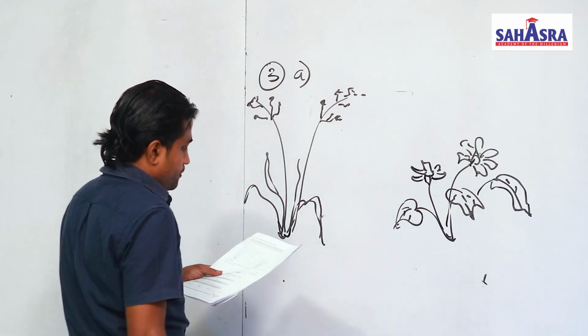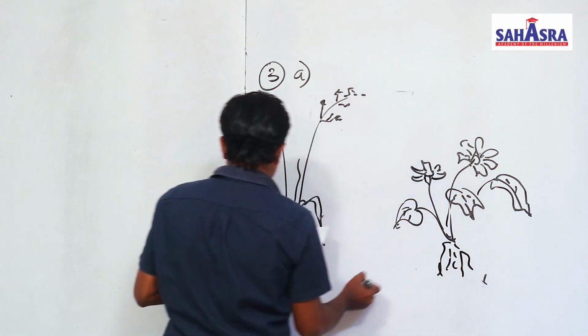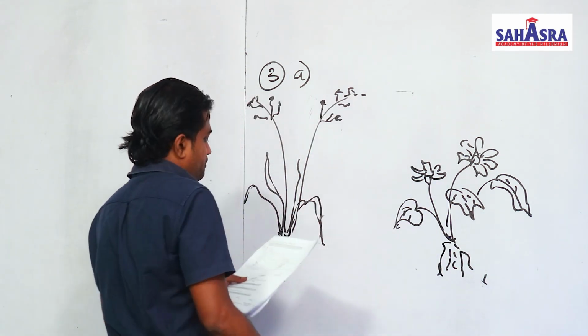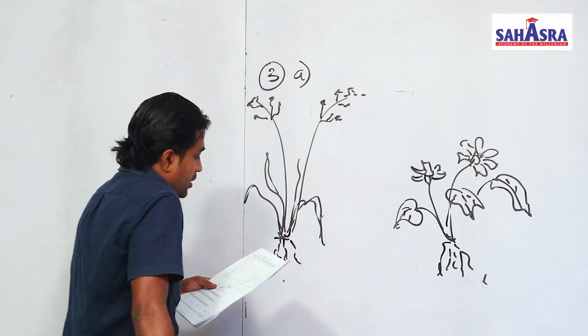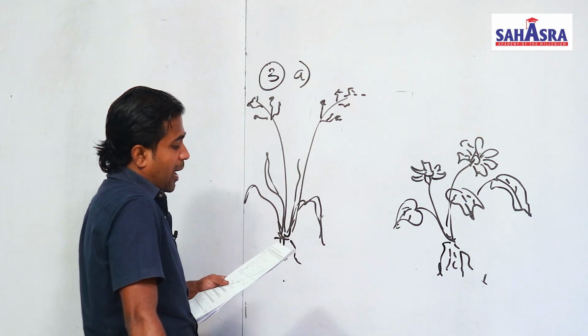Here, write the 3 missing labels to show the names of the plant parts.